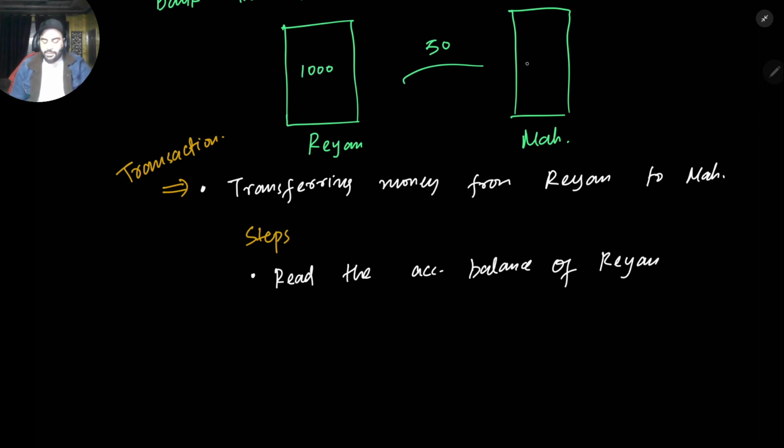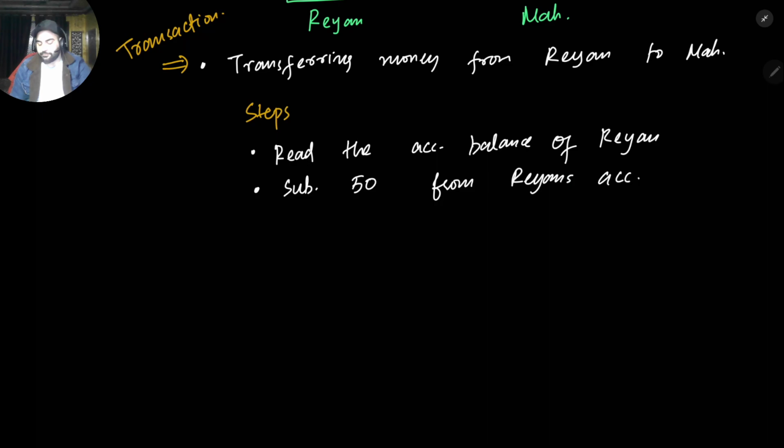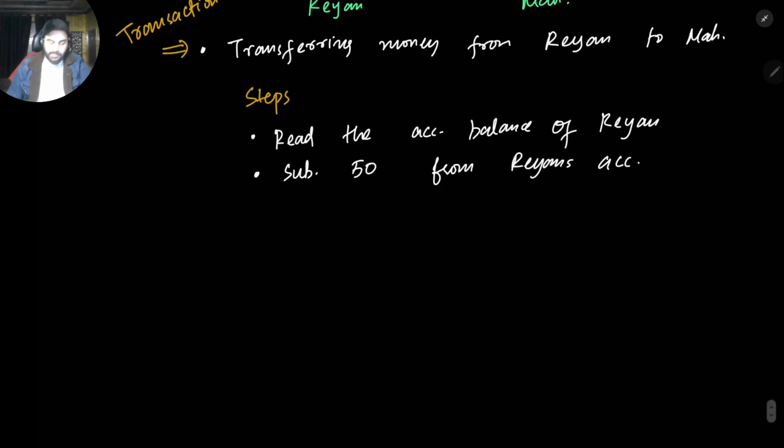Let's say Mahvish has 2000 rupees in her bank account. We want to transfer these 50 rupees from Rian to Mahvish. The first step is that we have to read the balance of Rian. The second step is that we have to subtract 50 rupees from Rian's account. The third step is we have to update Rian's balance.